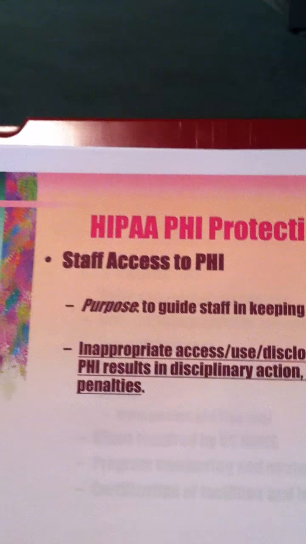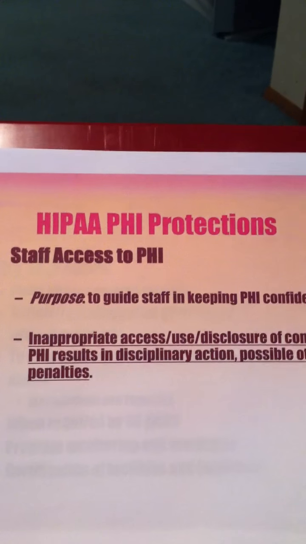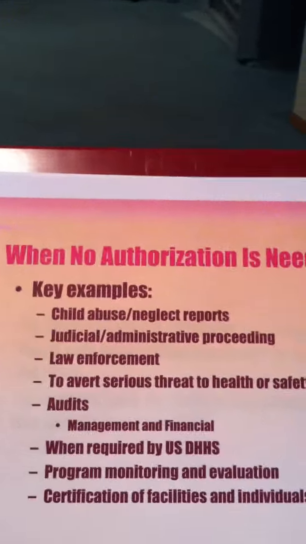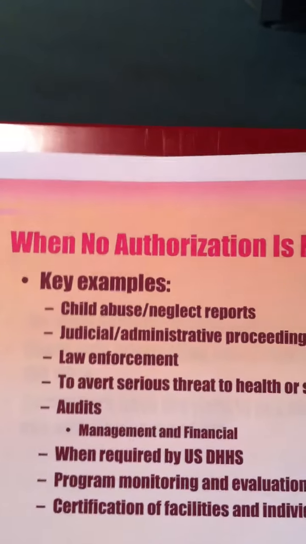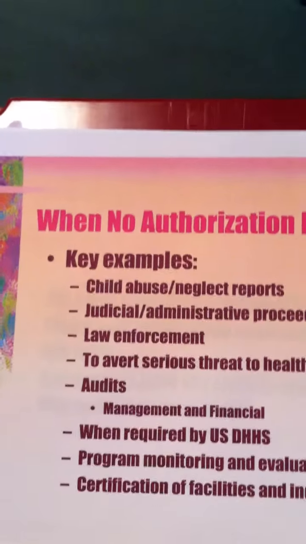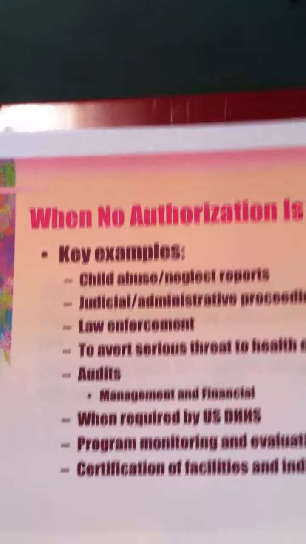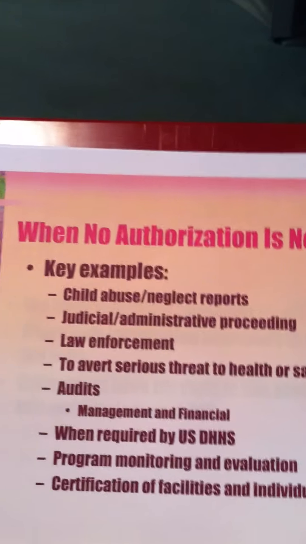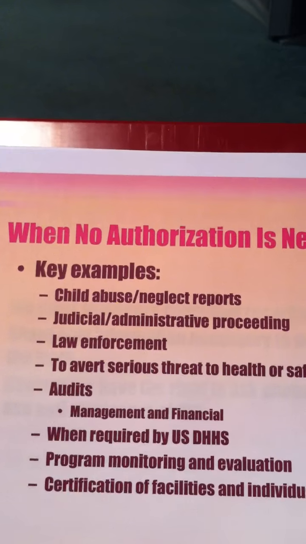Inappropriate access, use, or disclosure of consumer PHI results in disciplinary action and other penalties. Some examples of when no authorization is needed is in cases of child abuse and neglect, judicial administrative proceedings, law enforcement, and to avert serious threat to health or safety.